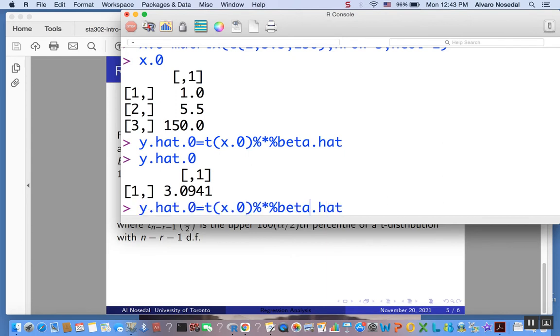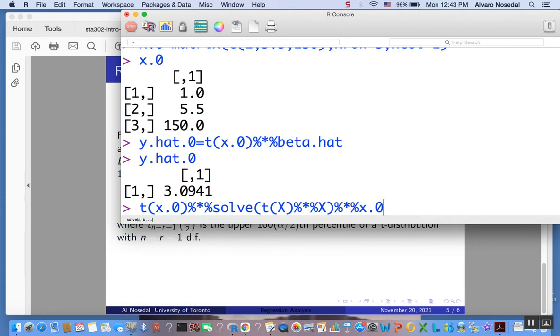It's going to be x0 transpose times solve of X transpose X, times x0.